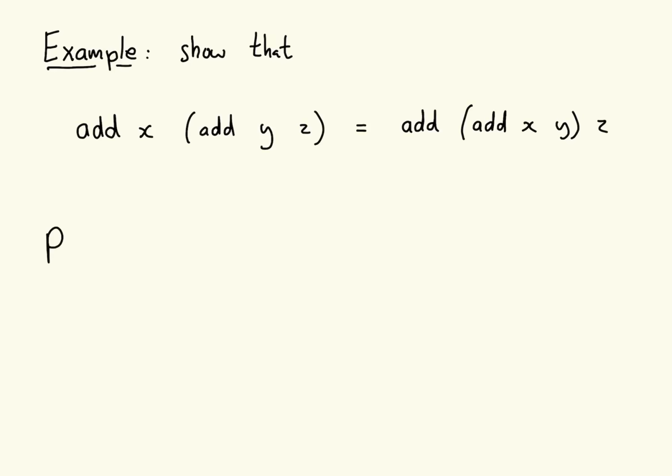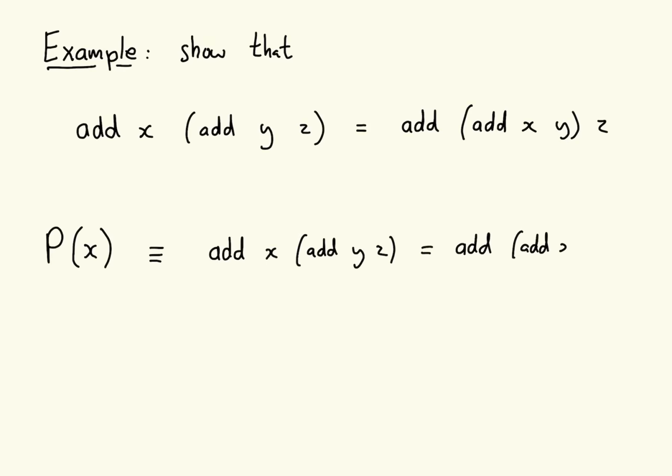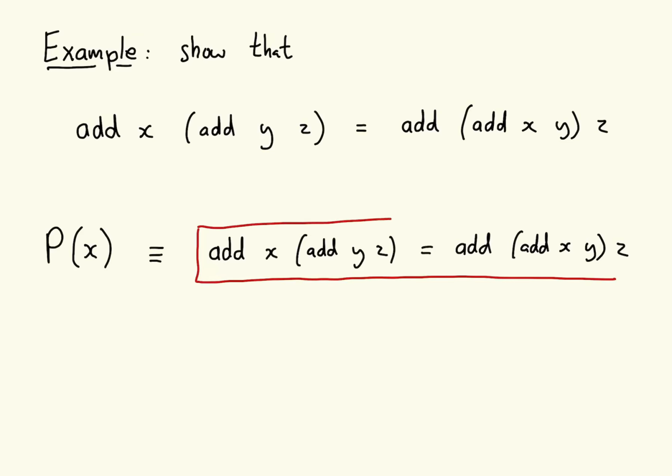We're going to define the property P for every natural number x, because that's what we're going to be doing induction over, and we're going to say that you simply add x to add y and z should be the same thing as add of add x y and z. Okay, so again, let me put this in the little red box. This is the thing that we need to prove now for every natural number x.